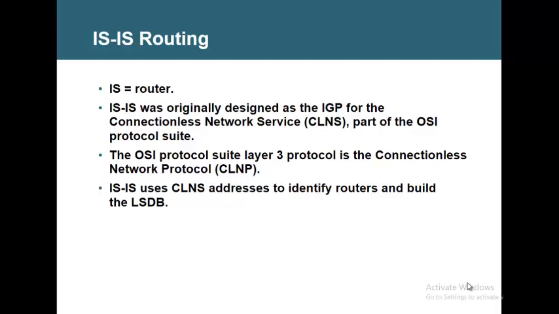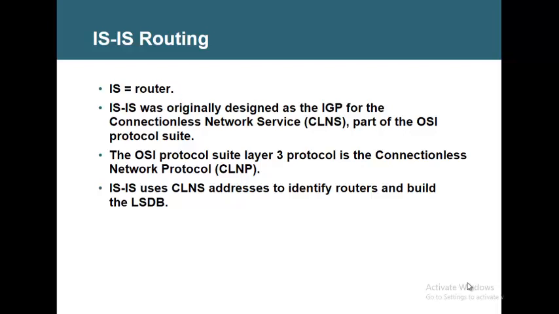So whenever we have devices between different networks to communicate, we use an intermediate system called a router. So instead of calling it router to router, they call it IS: intermediate system to intermediate system routing protocol.